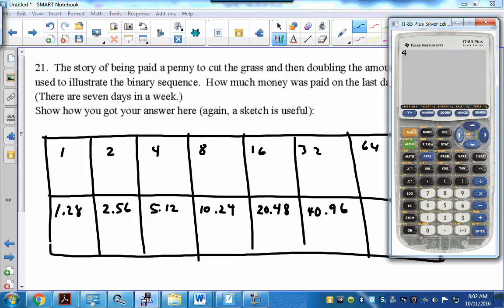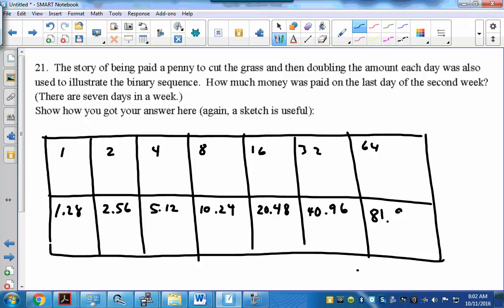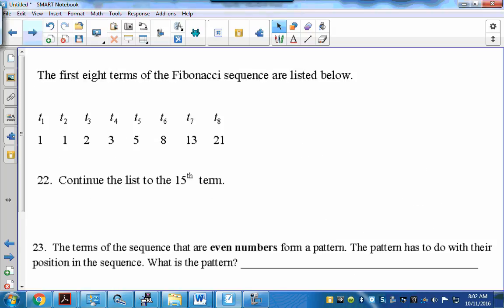So let me just take 40.96 times 2. Okay, so $81.92. That's how much money you got paid on the last day of the second week. So some sort of diagram like that makes it easy to do.